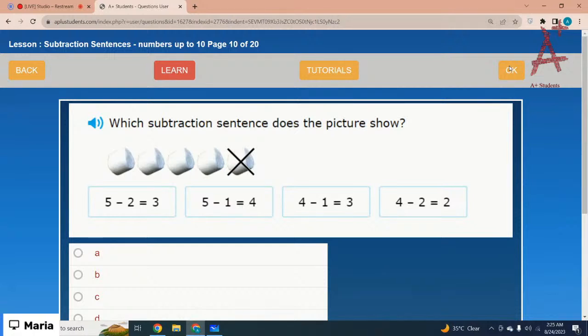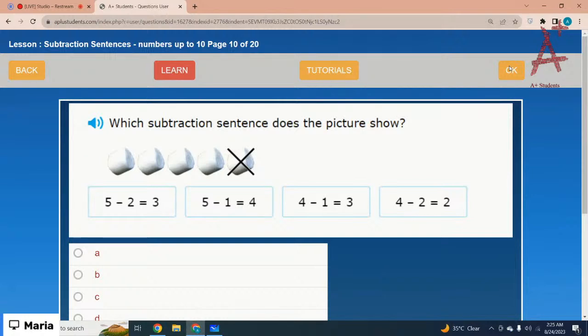Okay, the next one is you have one, two, three, four, five pieces of cheese. How many of them are crossed? Only one of them is crossed, right? So it would be 5 take away 1 and you are left with, you have to count the ones that are not crossed.